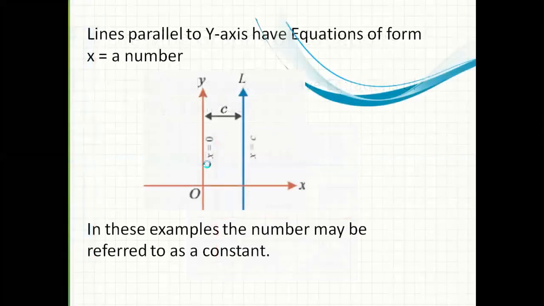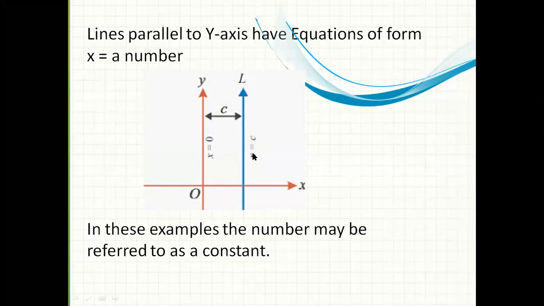Same thing if the line is parallel to the y-axis. If the lines are parallel to the y-axis, they have an equation of the form x equals, so it's actually the opposite. So here, this is line L, it's parallel to the y-axis, that means the values of y are changing, but this value of x is fixed, which is C, for example.